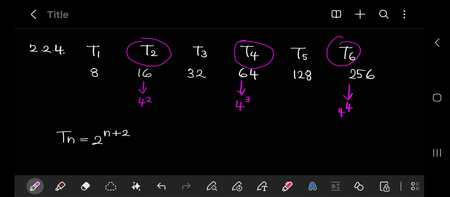So term 2, term 4, term 6. The even terms are powers of 4. And I actually just want to make a note of that, so we've got it here. All even terms are powers of 4.